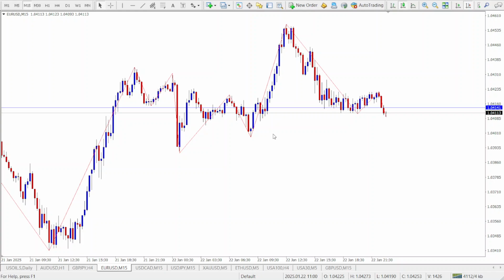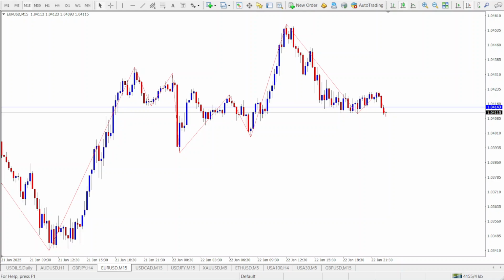After you have done that, you will have to open your MetaTrader indicators library. You can open your terminal and go to File at the top left-hand corner, click on File and then click on Open Data Folder. Once you have done that, you can enter the MQL4 folder, because this is the MetaTrader 4 terminal.